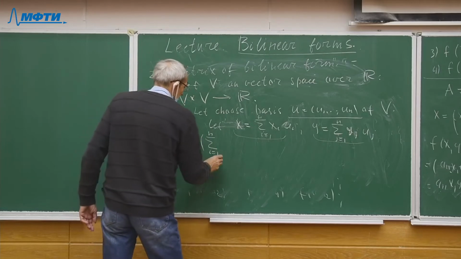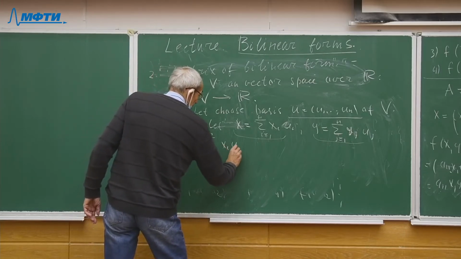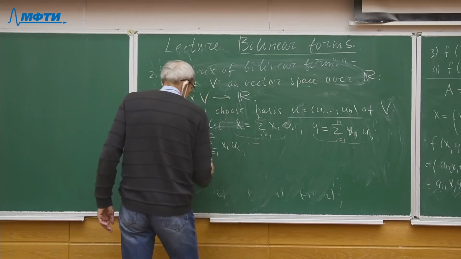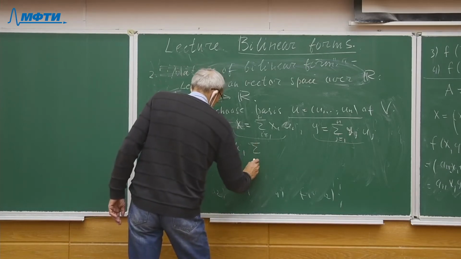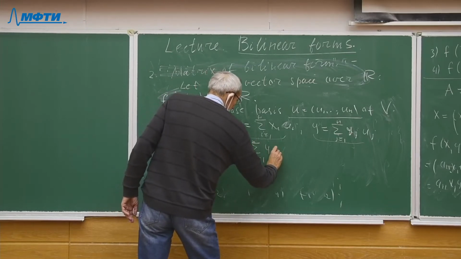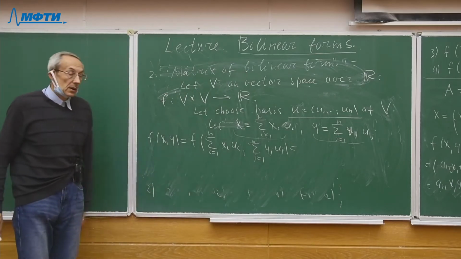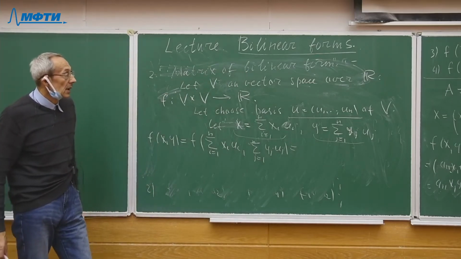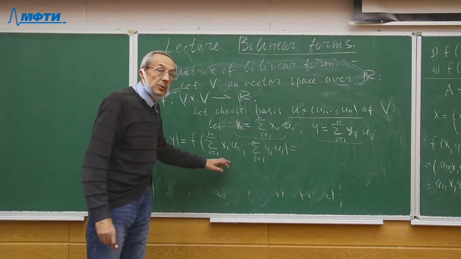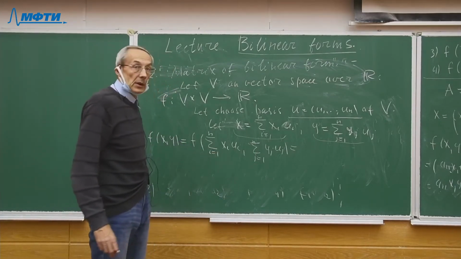The sum of xi ui and yj uj. And we can use the second property of linearity, with respect to the first argument.